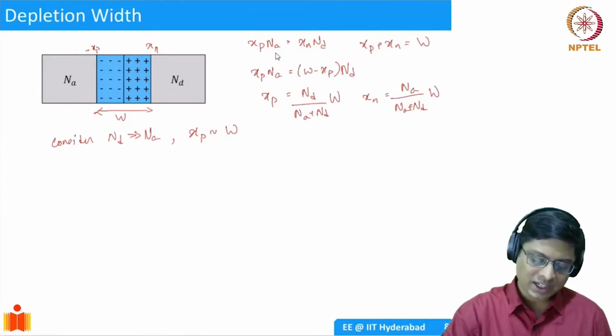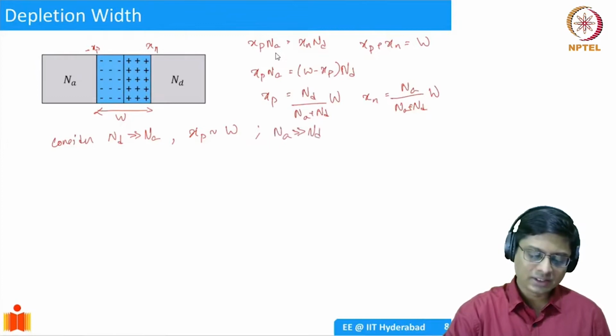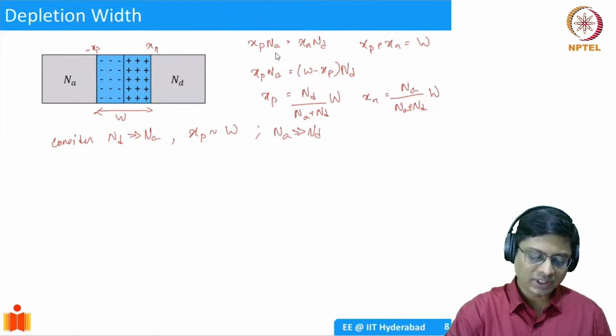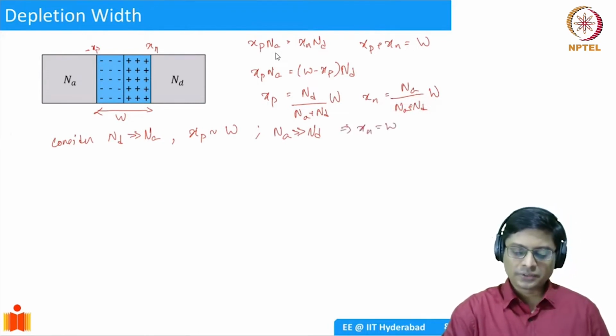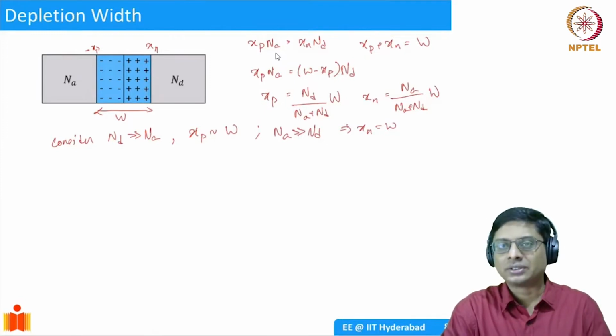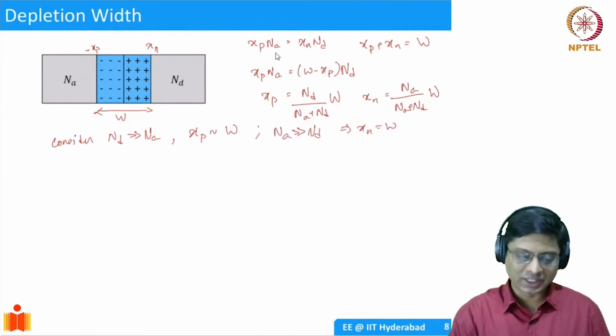Similarly, if Na is much greater than Nd, then xn is going to be W. So if your p-type region concentration is high, then the depletion region will lie almost entirely in the n-type semiconductor. Okay. So this is the inverse relationship that you will see time and again.